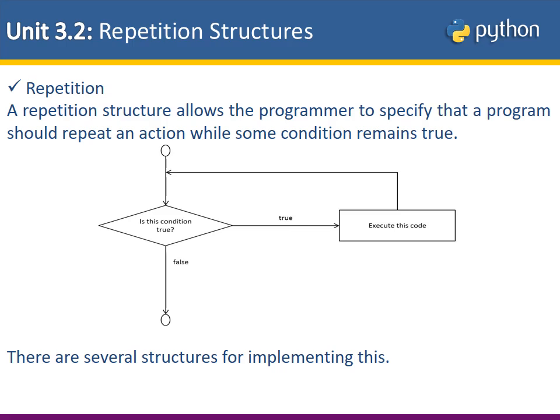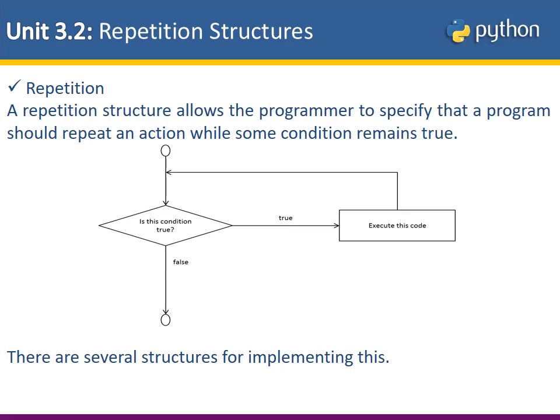From this figure example, if the decision making condition is true, the arrow points to go and execute this code. So you execute the code, and if the condition is not true, is false, the arrow going down means the program stops running.